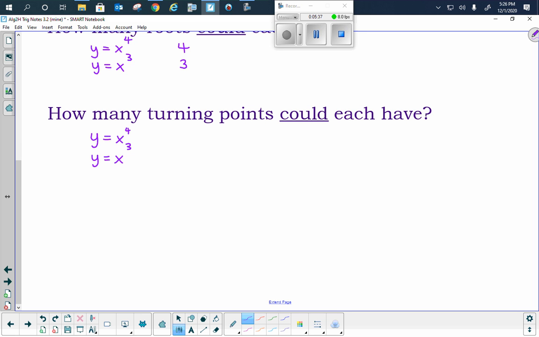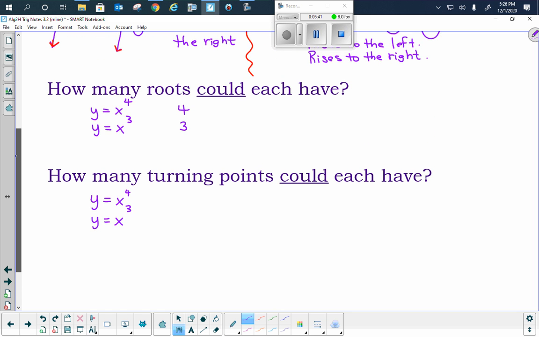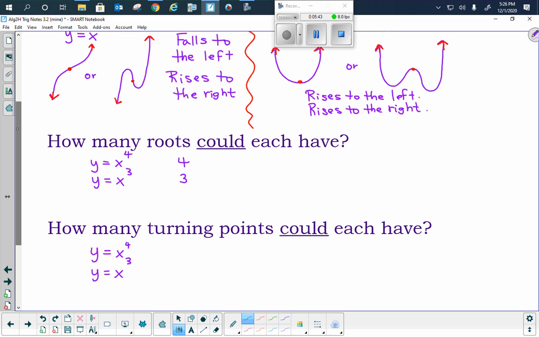If we're talking about how many turning points it could have, in y equals x to the fourth, how many turning points do I have? Meaning, where do I switch from coming down to up? That's 1. Up to down, that's 2. And down to up, that's 3. From what I have above.